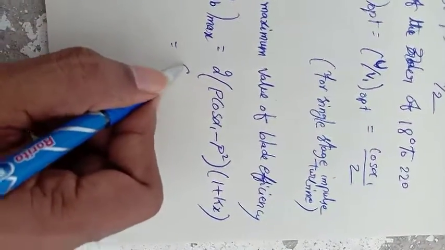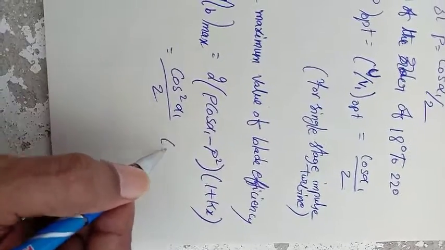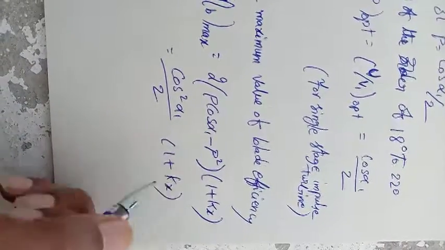Now this is equal to cos square alpha 1 divided by 2 into 1 plus kc.